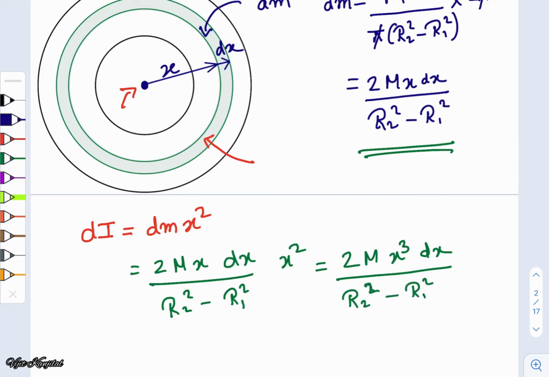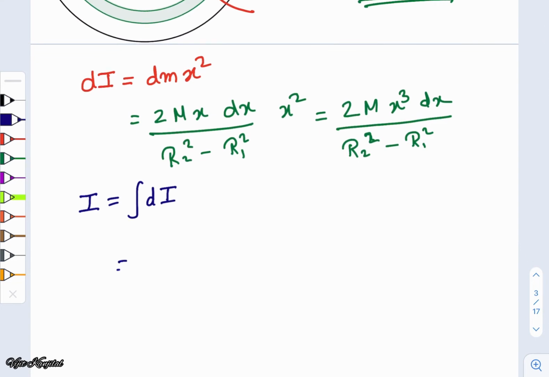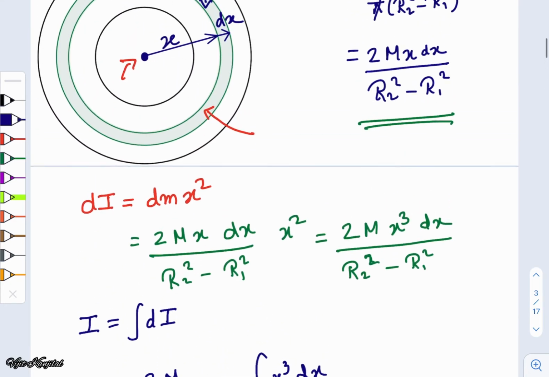So what would be the total moment of inertia of this lamina? It would be I, that would be the integral of dI. So let us try to calculate I. I would be, let us write the constant terms first, 2m by (r2 square minus r1 square) times the integral of x cube dx. Now what should be the limits on x?